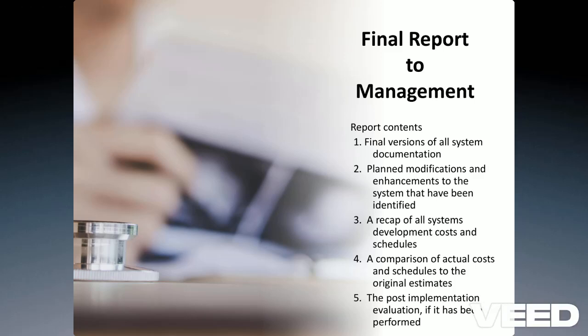Then you also indicate what are the key things that need to be looked at in the event that you want to enhance the system. So this system does this, but for the future, it's possible it can do additional activities such as 1, 2, 3, 4.